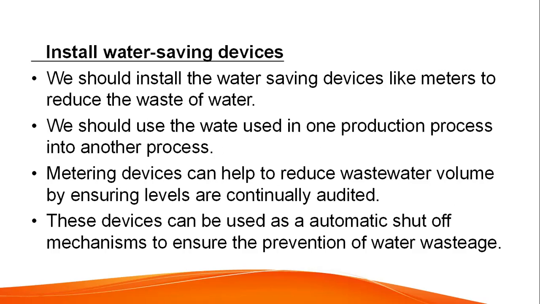They have to use it, they have to make products from it, so that the industries are working for human beings to fulfill the needs of humans. So we have to take steps so that it remains feasible for human beings in the future. So we should install the water saving devices.